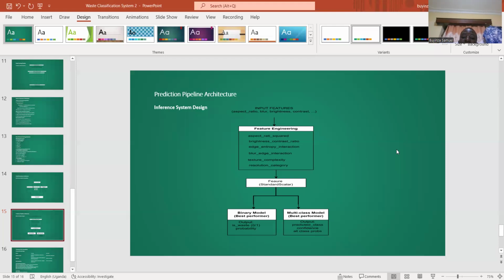For the binary model, we have our output as e-waste with a probability of either 0 or 1, and for the multi-class output, the predicted class confidence for all the class probabilities.